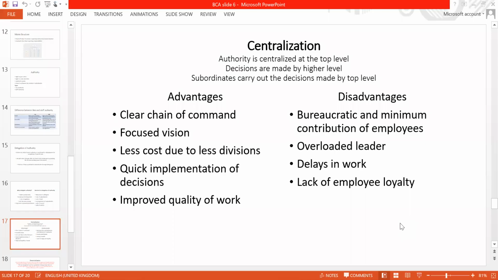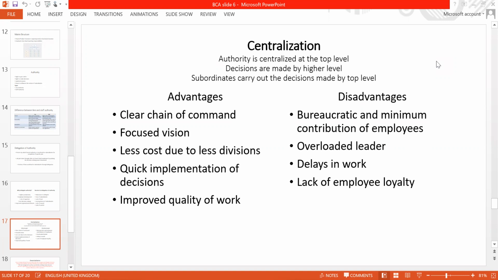So centralization. What does a centralized organization mean? It is the authority, the power to take decisions or the power to order, right? So authority is centralized at the top level. All the authorities are kept at the top level, not delegated.